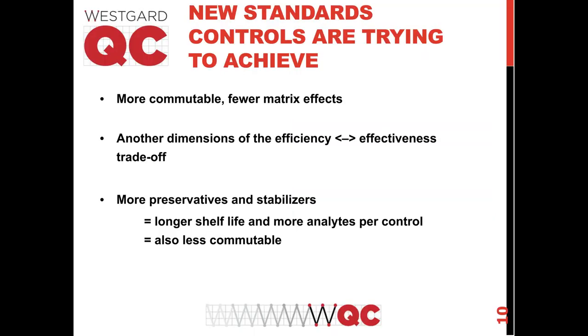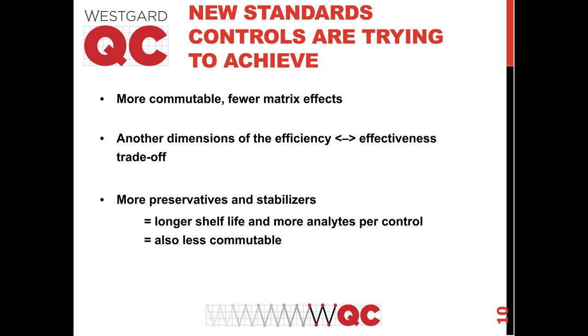The things that we see in the future of controls is we want them to be more commutable and have fewer matrix effects. Unfortunately, that runs into the efficiency. The fewer preservatives and stabilizers we put in, that directly will reduce our shelf life, could reduce how many analytes we can put in a single control.